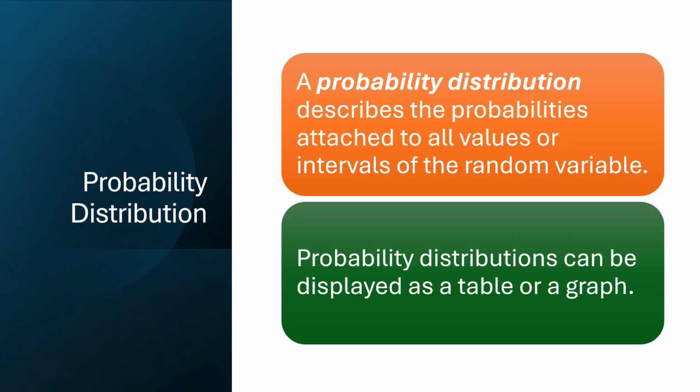Random variables with their associated chances of occurrence is called a probability distribution. So probability distribution gives us the complete nature of a random variable.